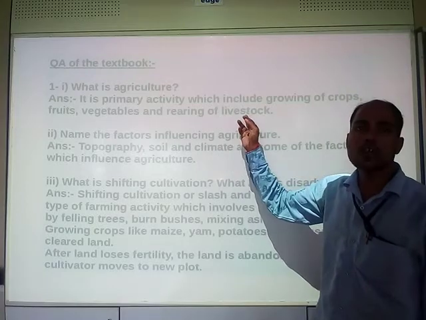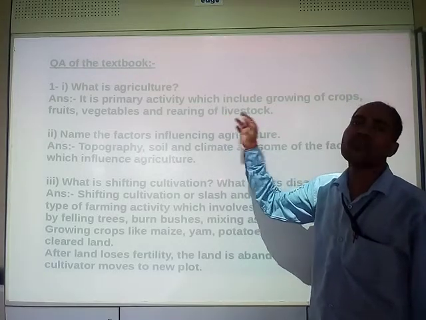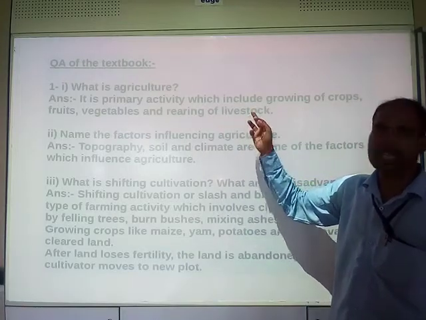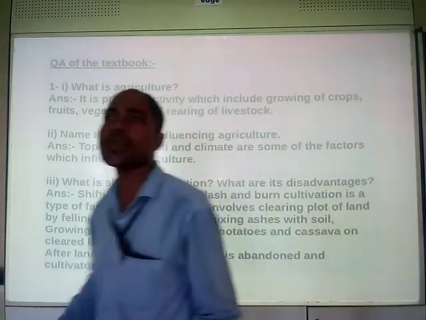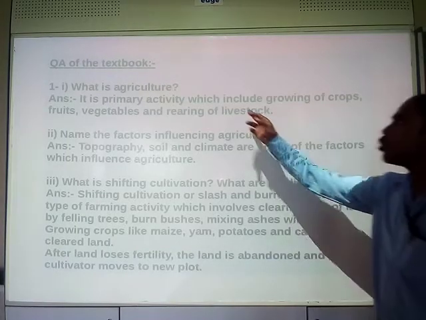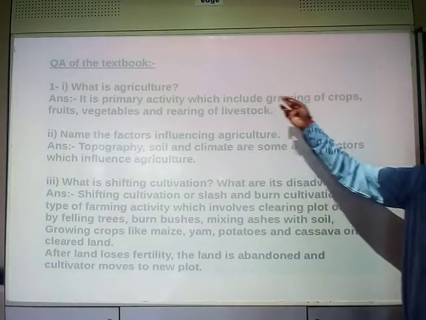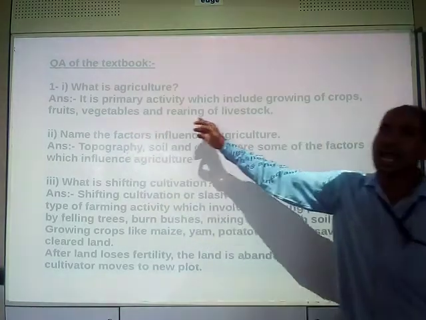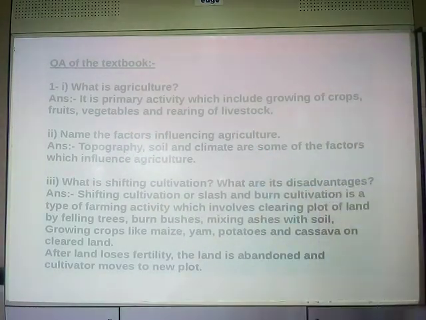Rearing of livestock means domestication of animals, taking care of animals. Livestock means animals; rearing, taking care, breeding, domestication. Okay, so many terms are there. So a primary activity which is related with growing of crops, fruits, vegetables and rearing of animals is called agriculture.